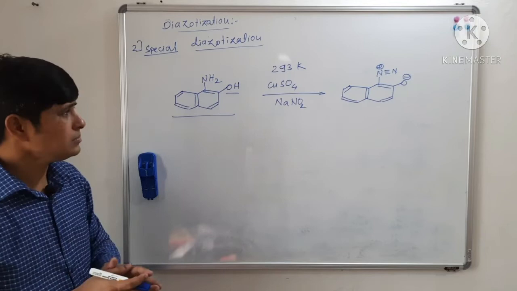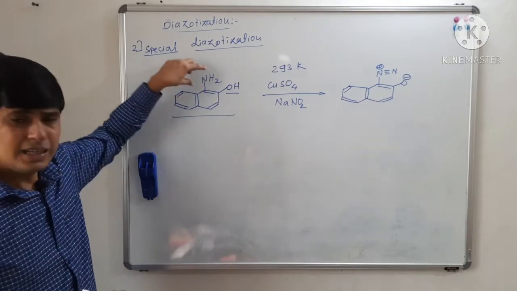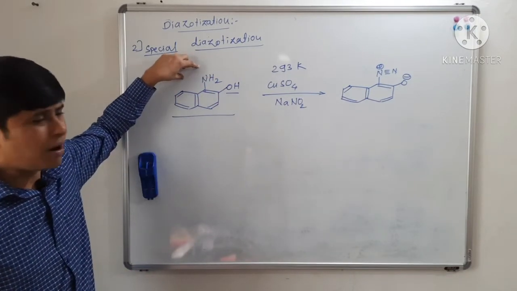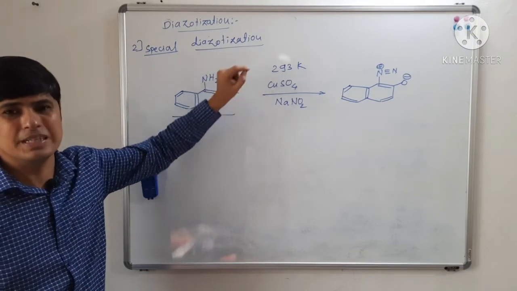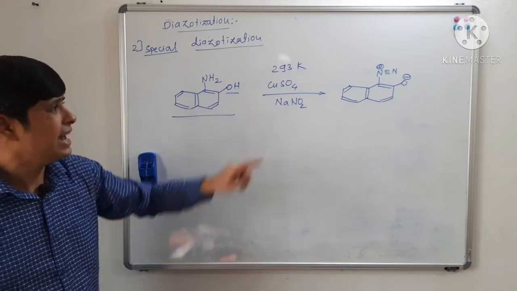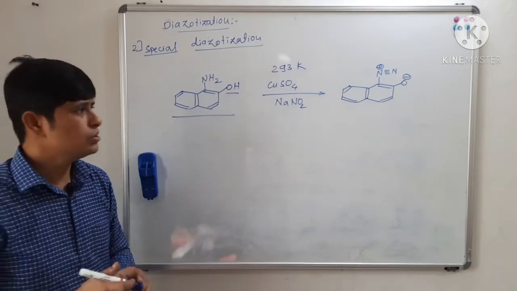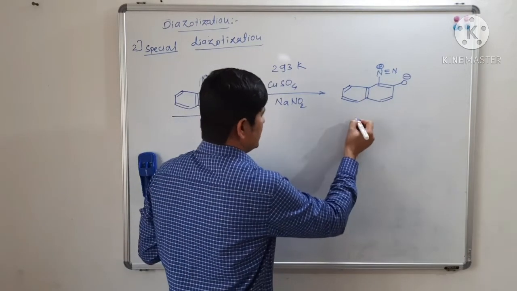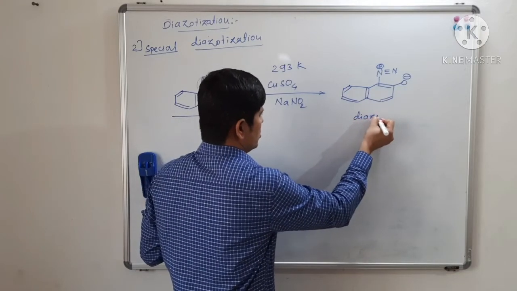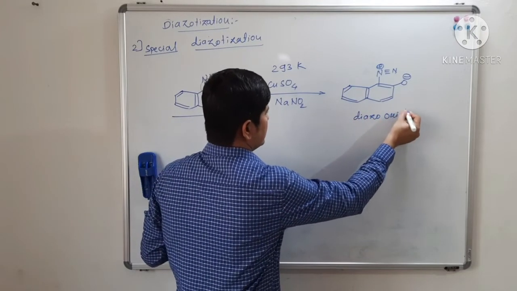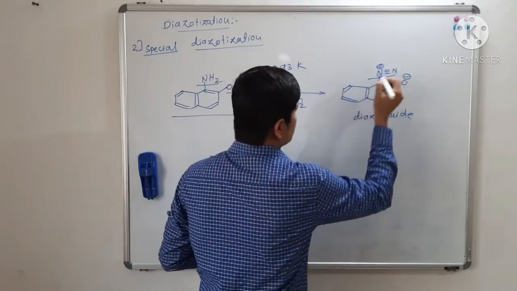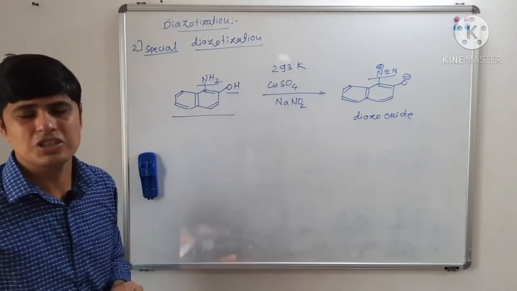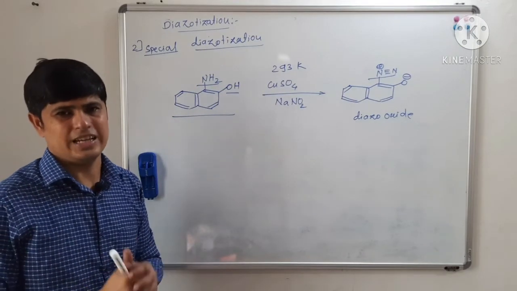So we can react such type of compound with sodium nitrite in presence of copper sulfate, CuSO4, at 293 degree Kelvin. So there will be formation of diazo oxide. So this diazotization took place here. So this is a special diazotization reaction.